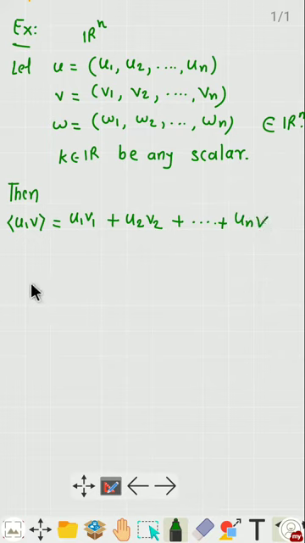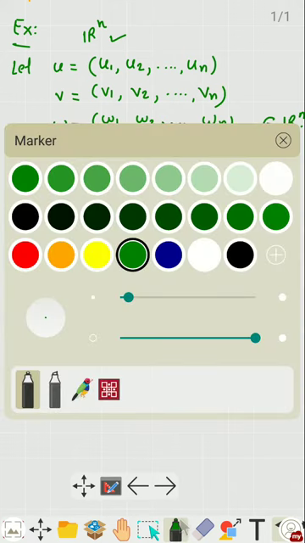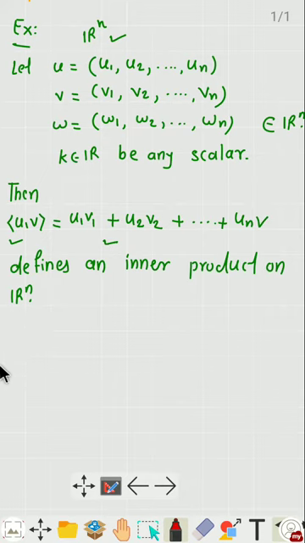This defines an inner product on Rn. Okay, we have to show that this notation defined like this is an inner product on vector space Rn. So for that we have to show that this notation satisfies four properties as stated in the definition.